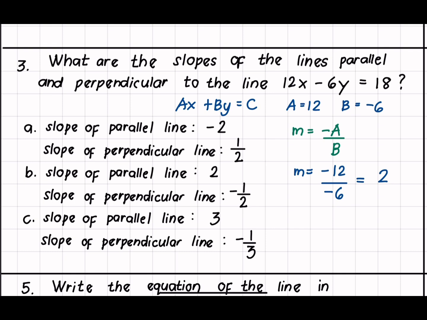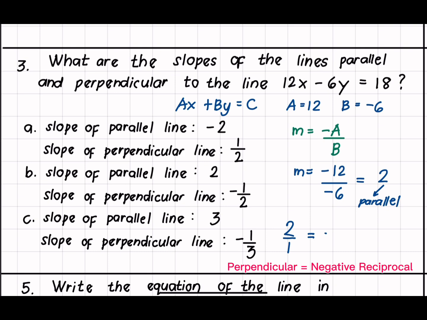Therefore, when we are talking about parallel lines, it has the same slope. So 2 is the slope of the parallel line. Okay? To determine the slope of the perpendicular line, we have to get the negative reciprocal of 2. So if we have 2, the denominator is 1, we have to get the negative reciprocal.